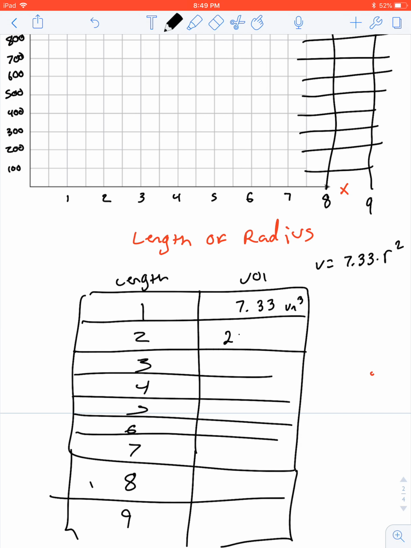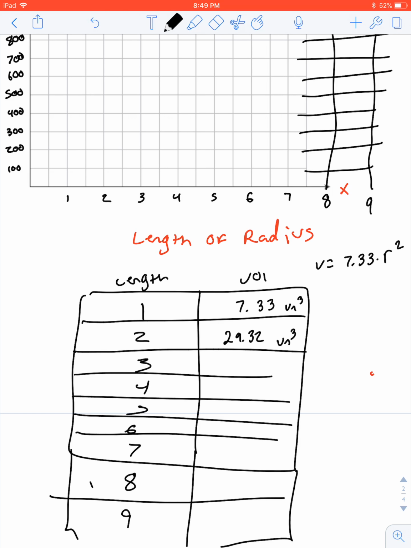Our next one is going to be 4 times 7.33. We're going to get 29.32 units cubed. And in case you're wondering how I got 4, remember 2, and then we square it in that equation, we get 4.